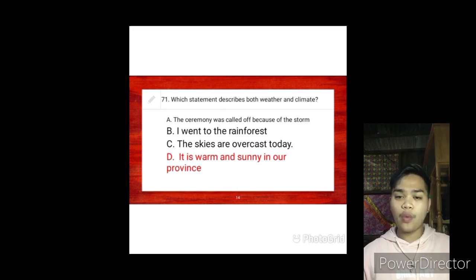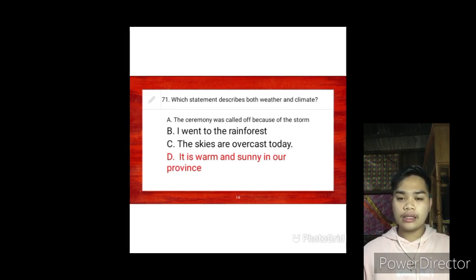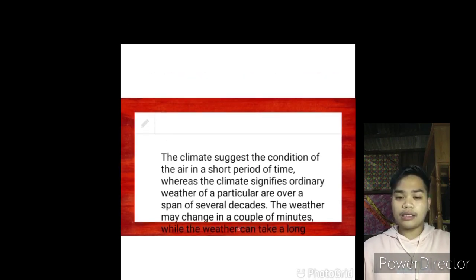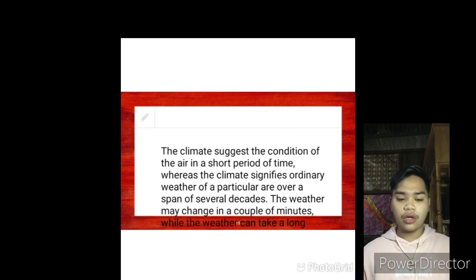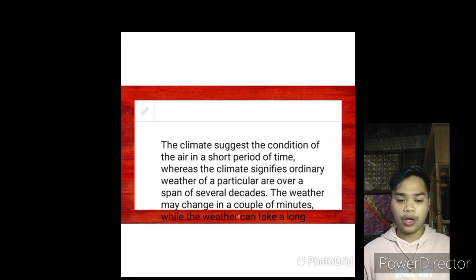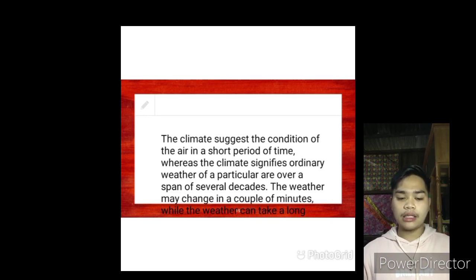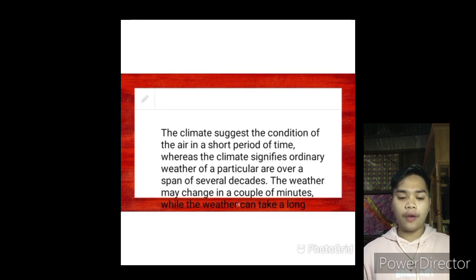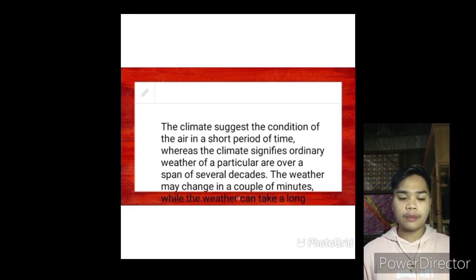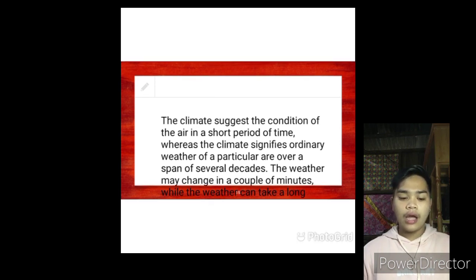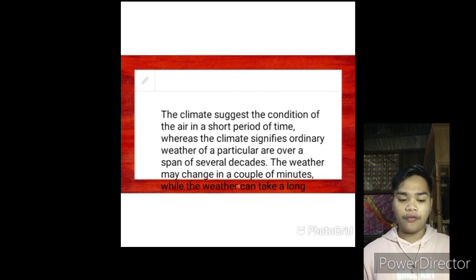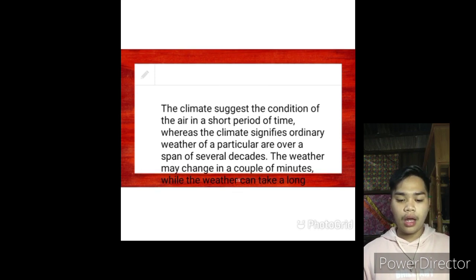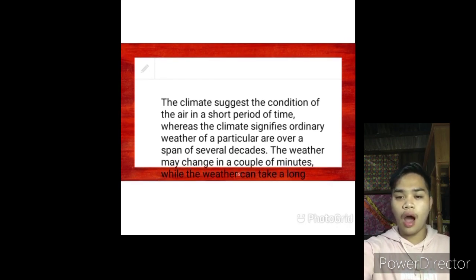So warm is the weather and sunny is the climate. Weather refers to the condition of the air in a short time period, whereas climate signifies the ordinary weather of a particular area over a span of several decades. The weather may change in a couple of minutes, while climate can take a long time to alter.